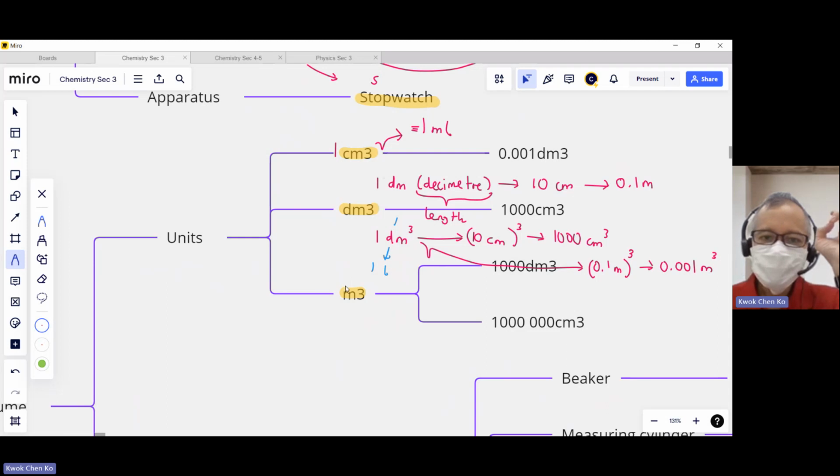Now, lastly, cubic meter is, as I said, a very large volume. It's not encountered in the lab that much. More likely you find this unit being used in the industry, but of course, you will also find this unit being used more often for gases.